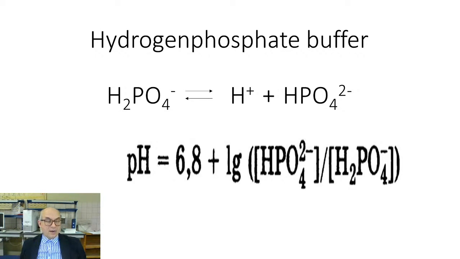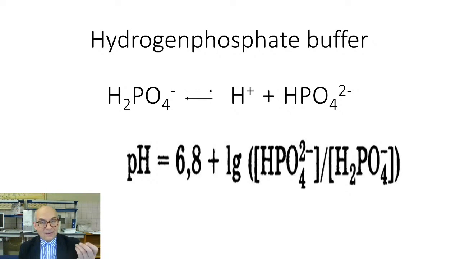So in this case, for physiological conditions, when pH will be about 7, it's impossible to have equilibrium using the third stage of phosphoric acid ionization.